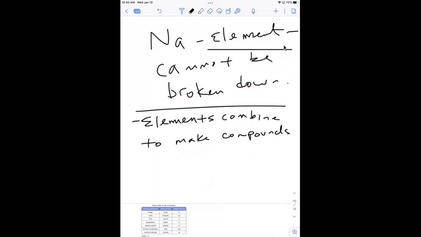And even when you combine elements, you should expect some change in the chemical and physical properties of the compound, right? So compounds will have different chemical and physical properties from elements.